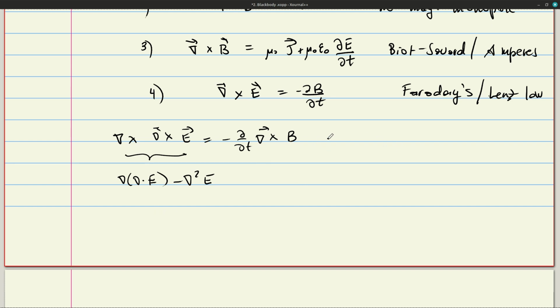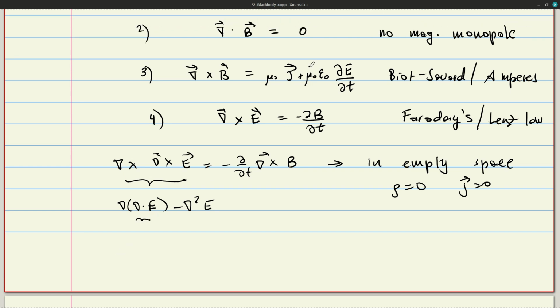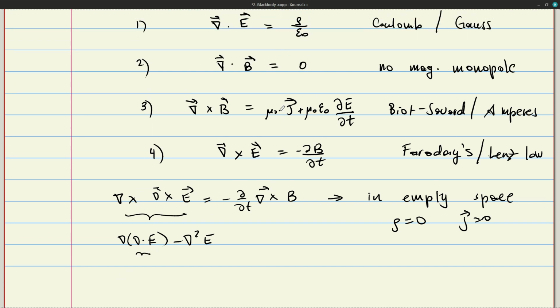And by the way, I want to consider this in empty space, which means there's no charge in the empty space, otherwise it wouldn't be empty space, and there is no current in empty space, right? Then if there is no charge, because of the first equation, del dot E must be 0.